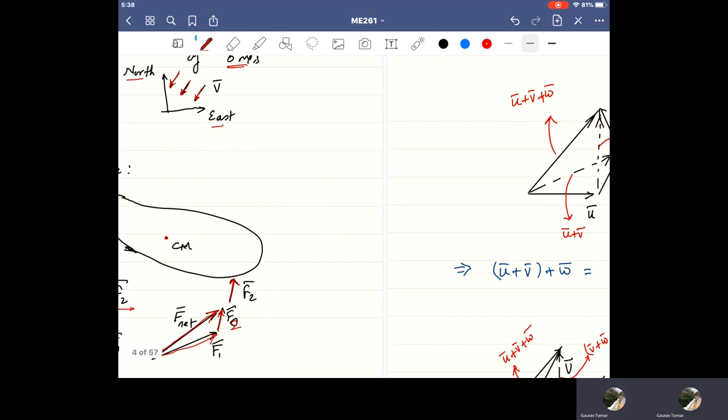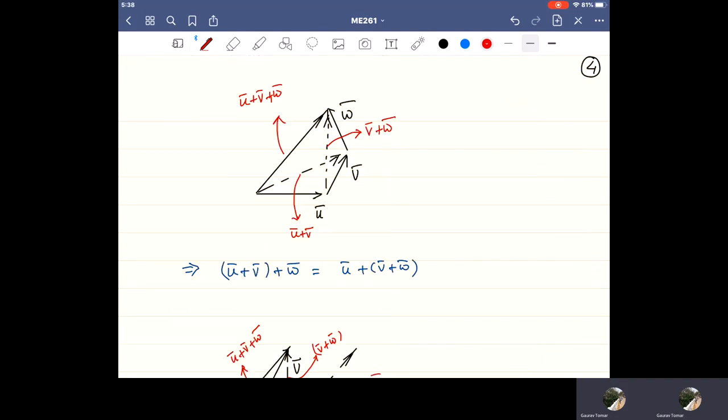Now, if you have three vectors, let's say U, V, and W, and you want to add them up. So you want to compute the net vector U plus V plus W. Then you can arrange geometrically.